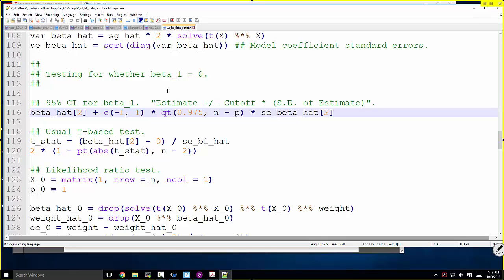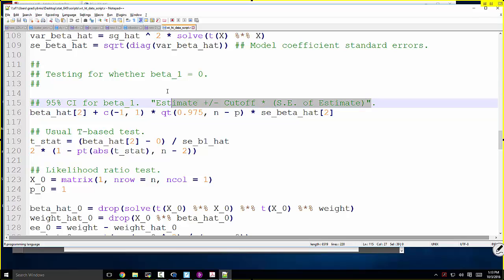I'll show you more about this soon, but a general form for a confidence interval is: estimate the parameter of interest and then go plus or minus some appropriate number of standard deviations from the estimate. The cutoff tells us how many SDs to go out.